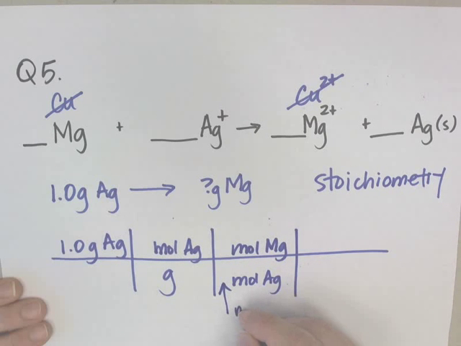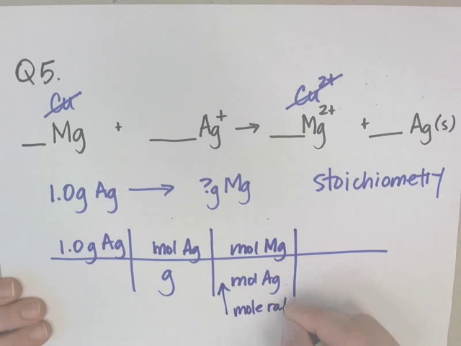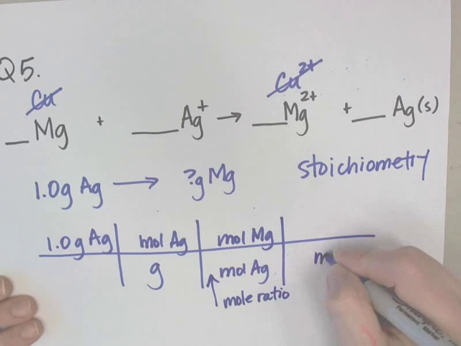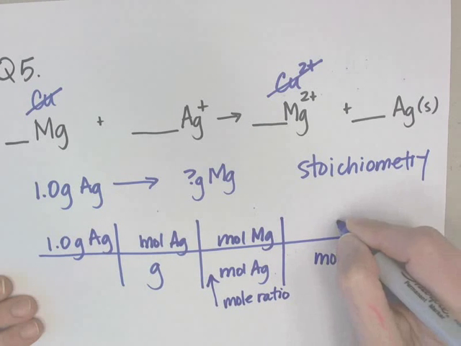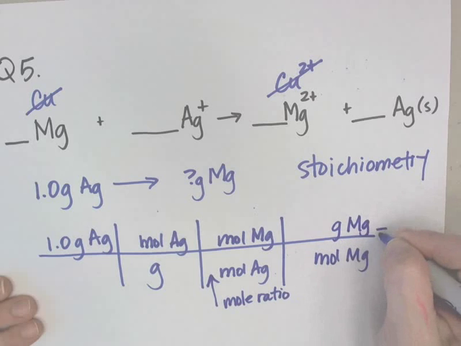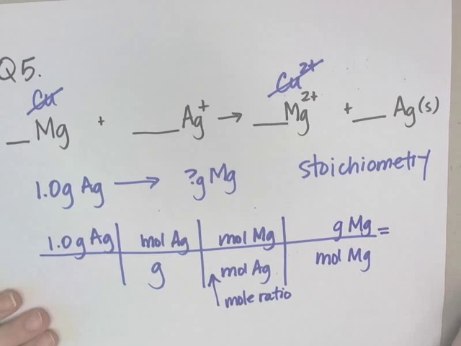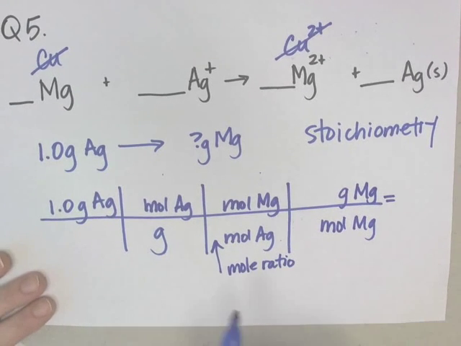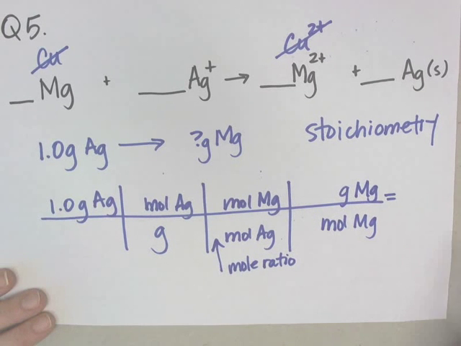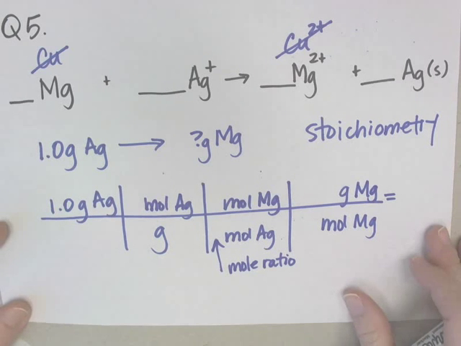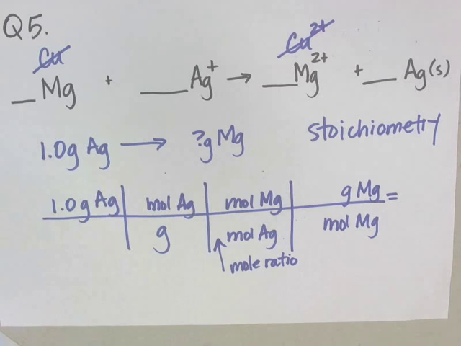The mole ratio goes right here that you find. And then, of course, moles of magnesium can be converted back to grams. So this is the basic stoichiometry problem that we're looking at in Chapter 6, converting to moles, using a mole ratio, and converting back to grams of some other substance in the equation. So question 5 is just asking you to do a stoichiometry problem like this.